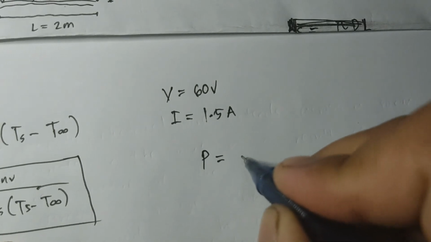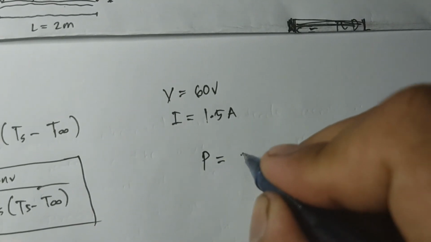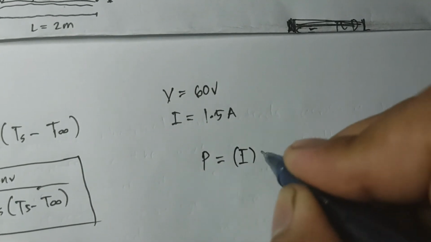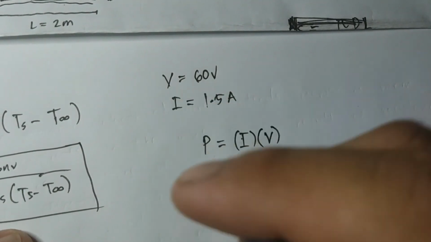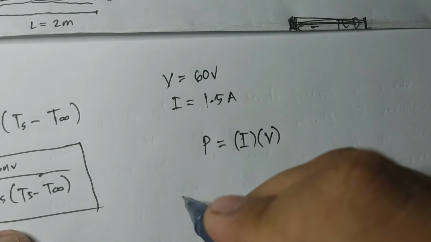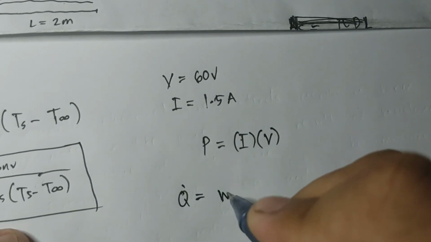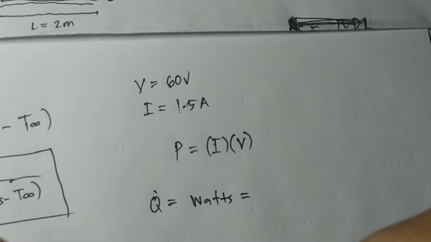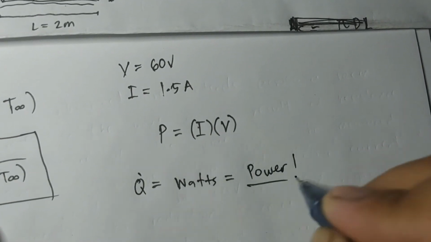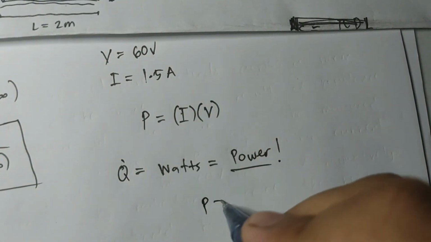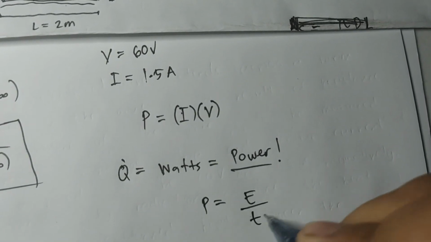Ayon sa power law na equal daw ang power sa current na minultiply sa voltahe. So, since ang unit ng heat transfer ay watts, di ba? Measured siya by watts. We can say that heat transfer is a power. Because power is energy over the given time.